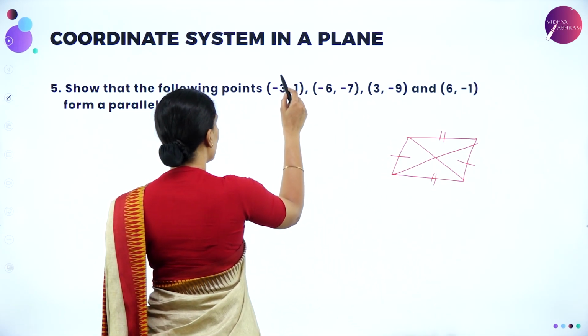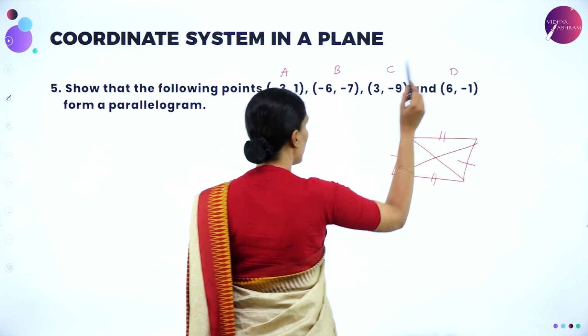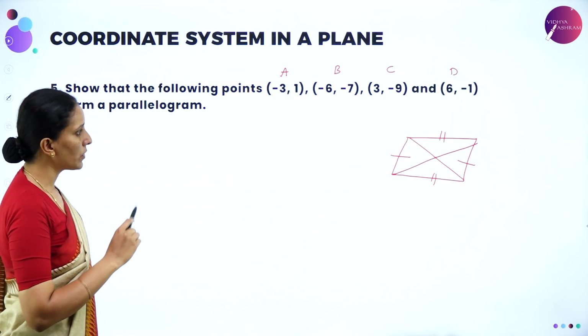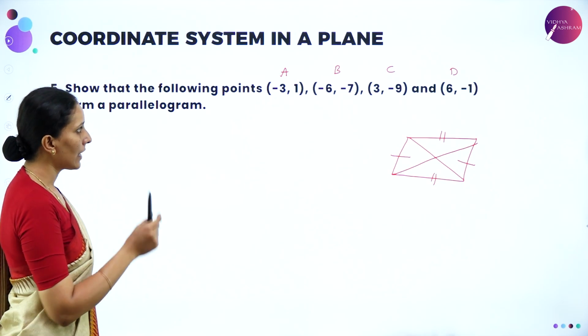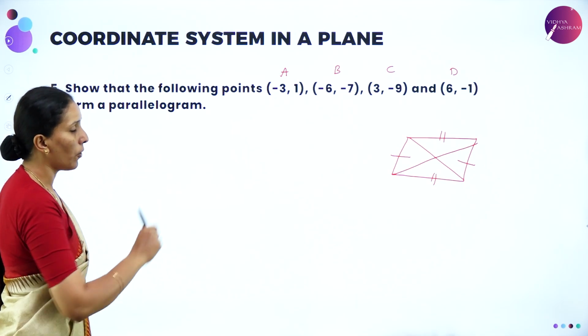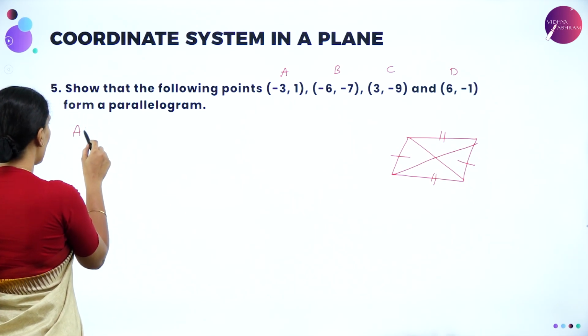So let me consider these points as A, B, C, D. I need to show that opposite sides are equal. So let us calculate the distance between all possible sides and diagonals. First let us calculate AB.